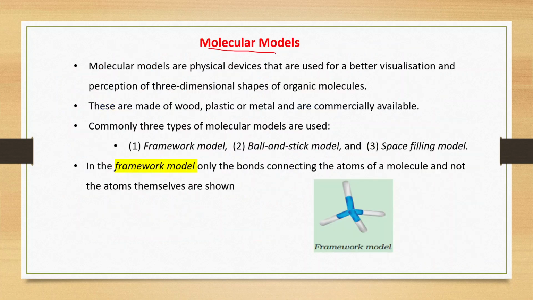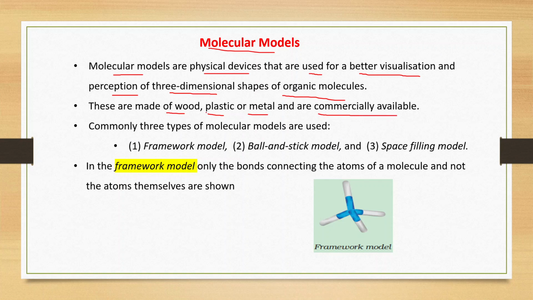Then molecular models. Molecular models are physical devices that are used for better visualization and perception of three-dimensional shapes of organic molecules. These are made of wood, plastic, or metal and are commercially available in the market.